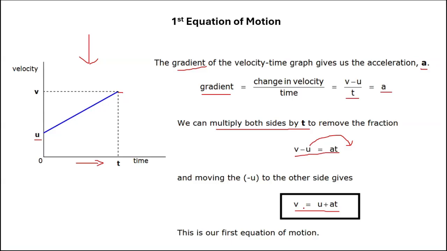Final velocity is equal to initial velocity plus at. v is the final velocity, u is initial velocity, a is acceleration, and t is time. So this is our first equation of motion: final velocity is equal to initial velocity plus acceleration times t.